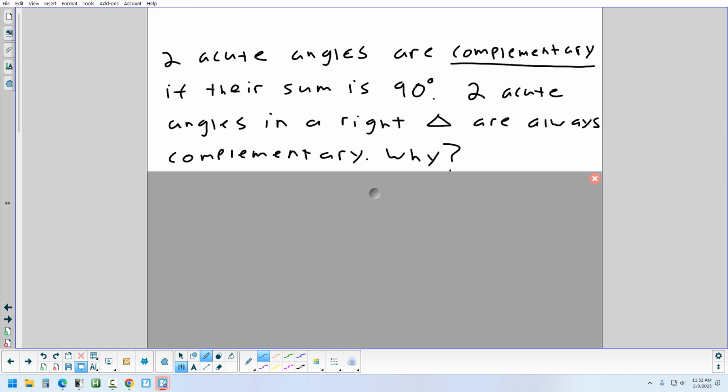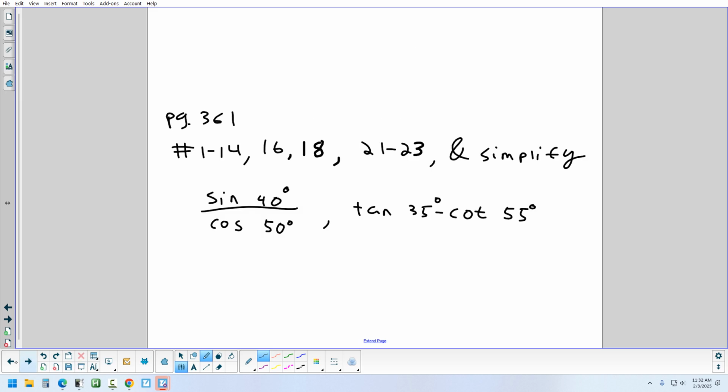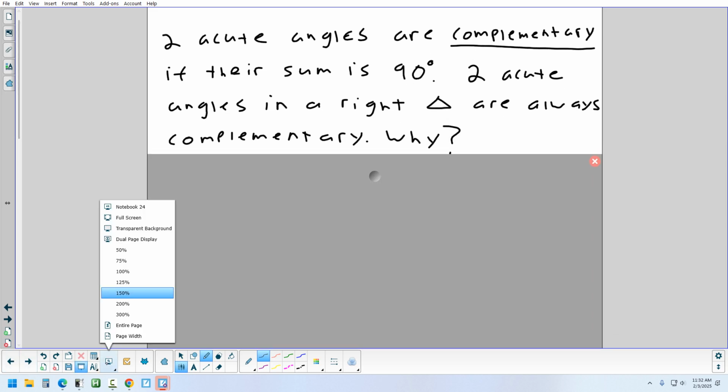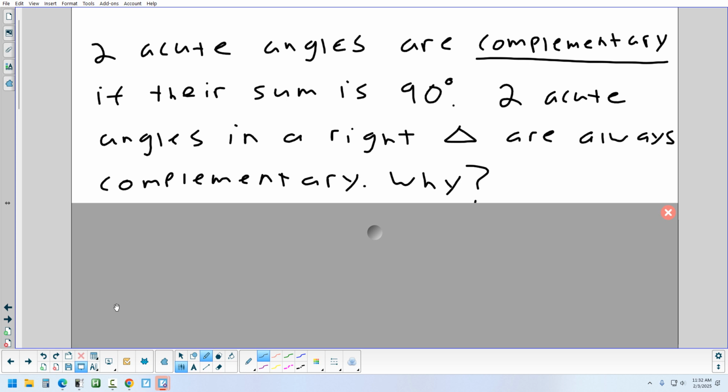Okay, let's look at this. I think this is the last thing. This talks about something I think we already kind of mentioned. When you draw a right triangle, it's saying that angles 1 and 2 are always complementary.